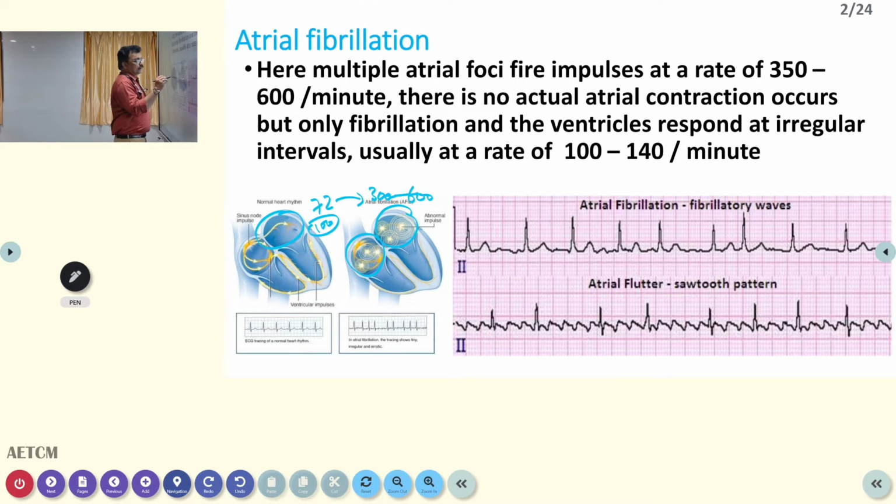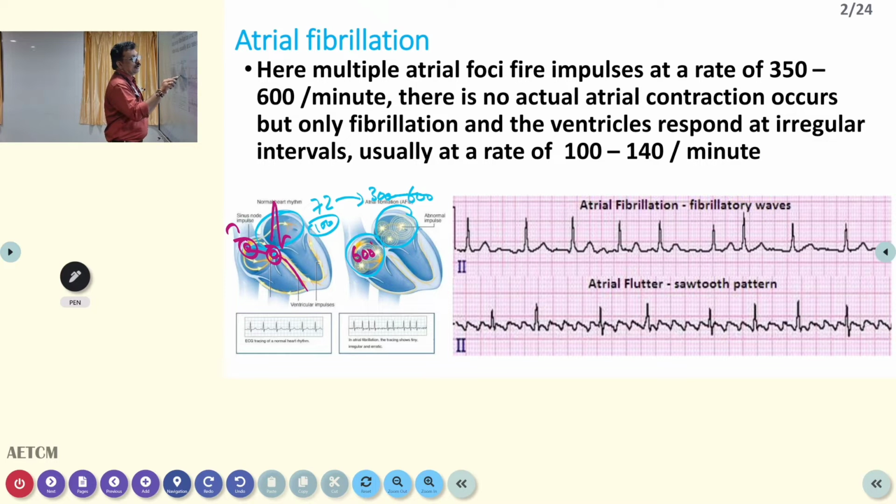Normally, when one current is produced in the sinus node, it will go to the AV node, then the bundle of His. So one is produced here, one is transmitted to the ventricle. So one P wave, one QRS complex. Here, the atria are beating 600 times.